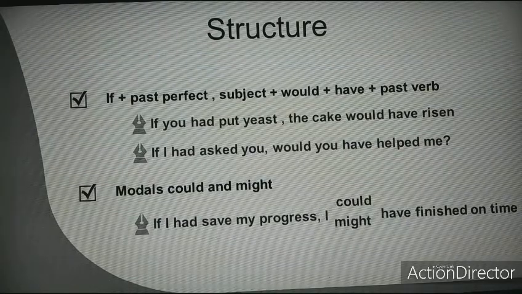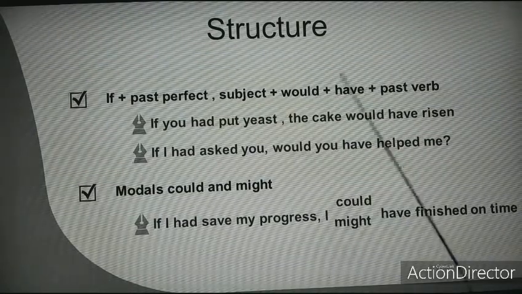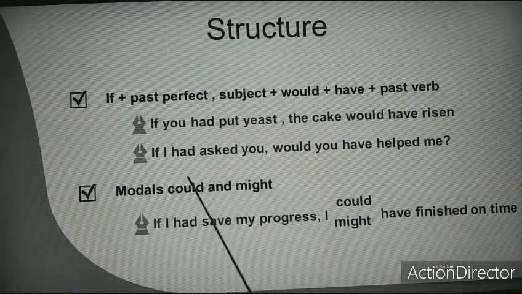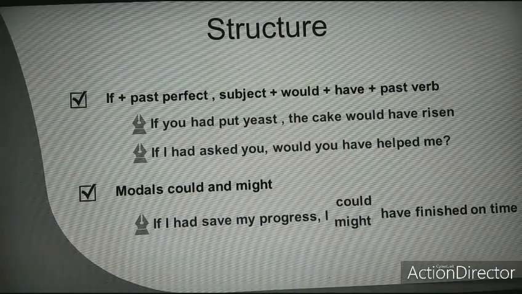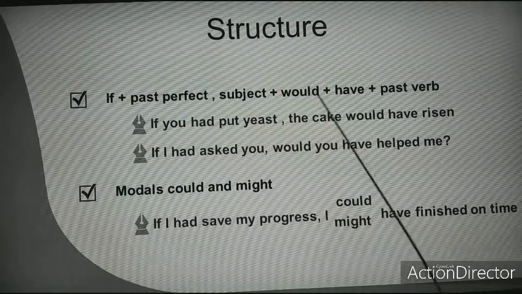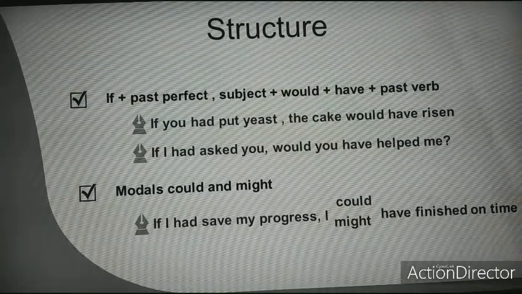Instead of the modal would, we can use other modal verbs like could or might, because we are talking about a possible scenario. There is more than one modal verb that can accomplish that function.